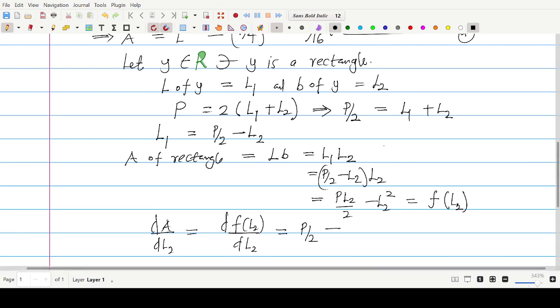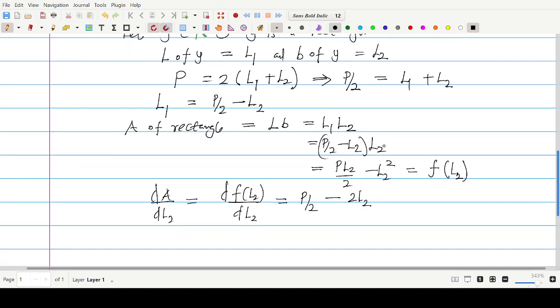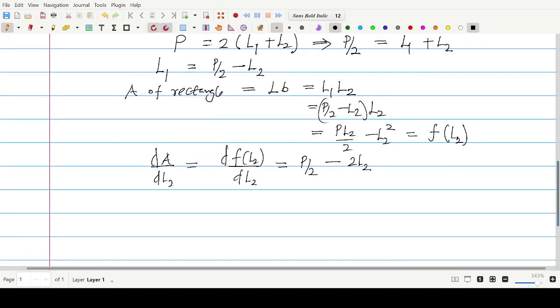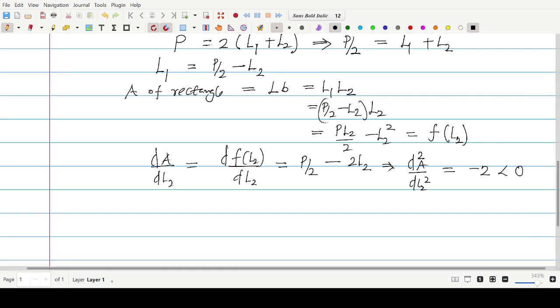On differentiating the second term, we are left with 2L2, all right? Before we find stationary points, let us test for the second derivative. If we differentiate this a second time, we shall have d2A by dL2 squared equal to minus 2, which is less than 0.